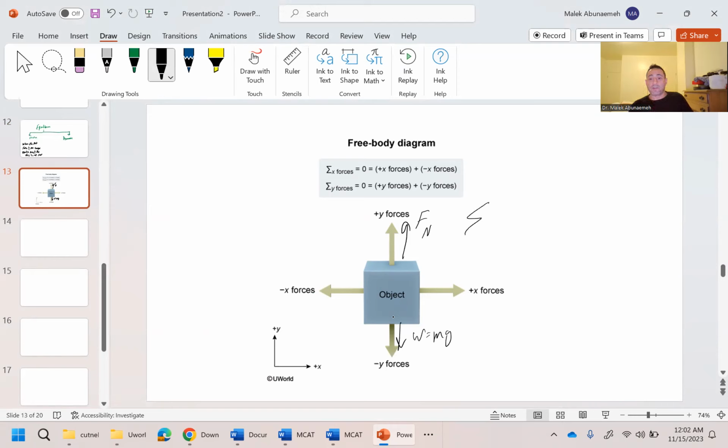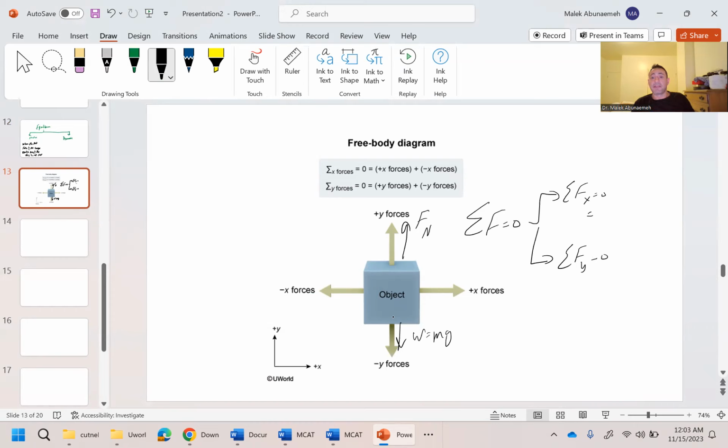Now, in order to reach equilibrium, the summation of the forces has to equal zero. Your net forces have to equal zero, which means all your forces in the x direction have to equal zero, and all the forces in the y direction have to equal zero.